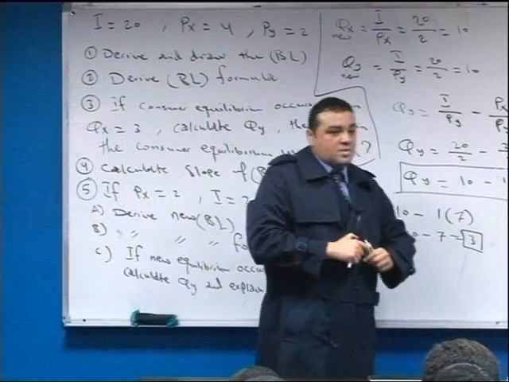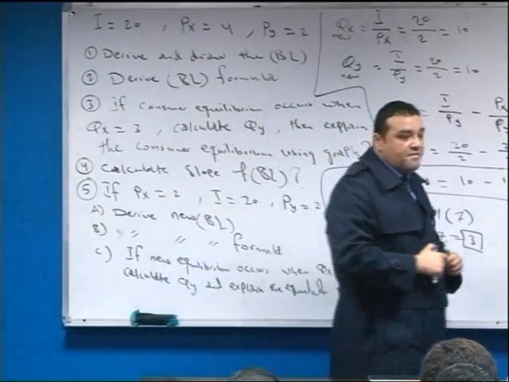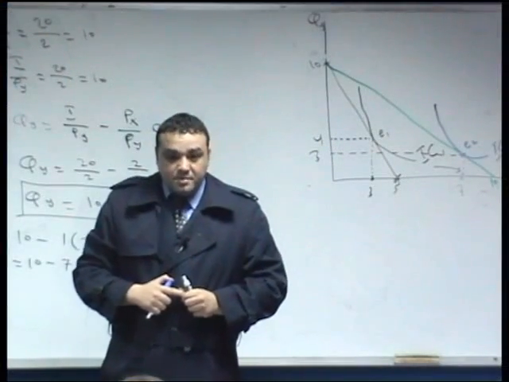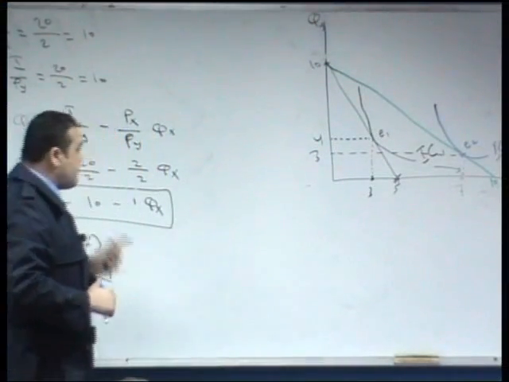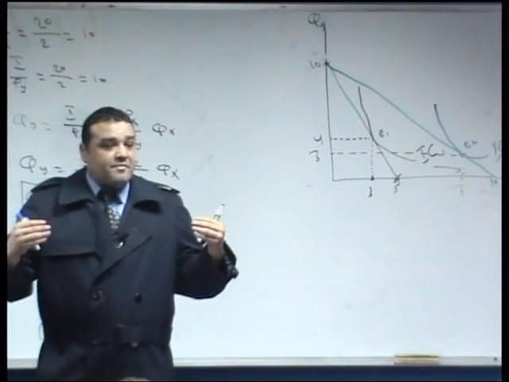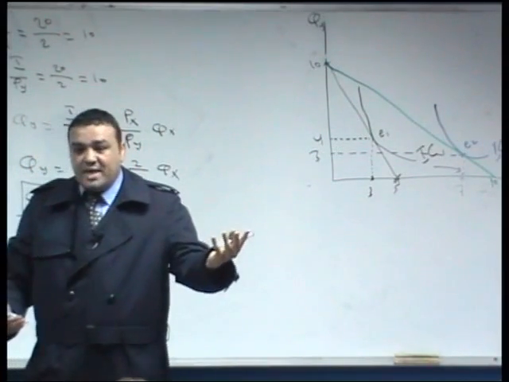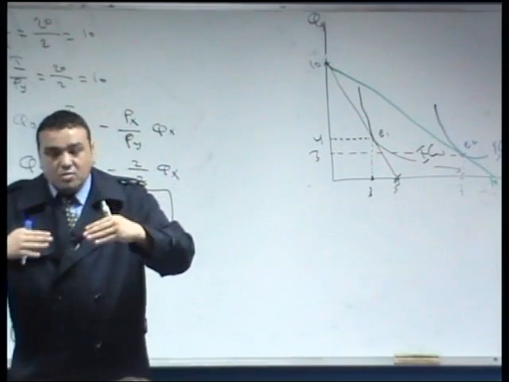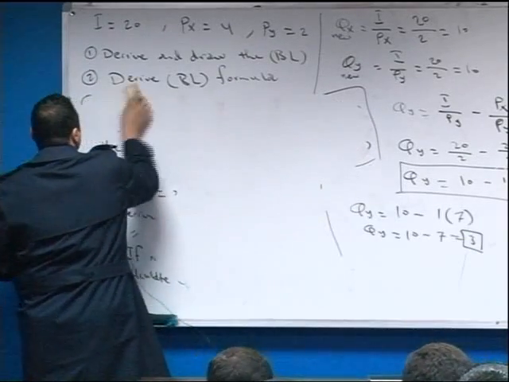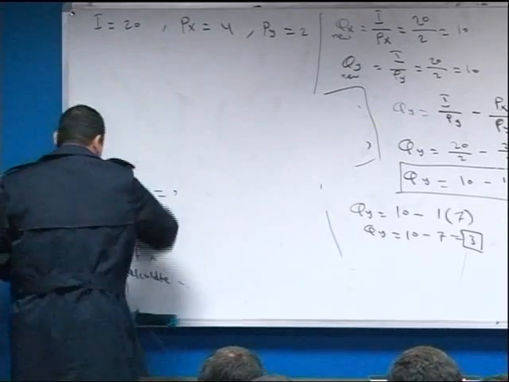We have another question, which is, derive the demand curve for the product X. To derive the demand curve, we have prices of X, quantity demanded of X, and then we can draw the demand.